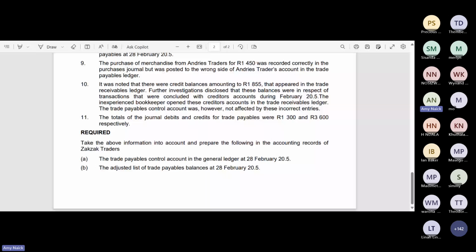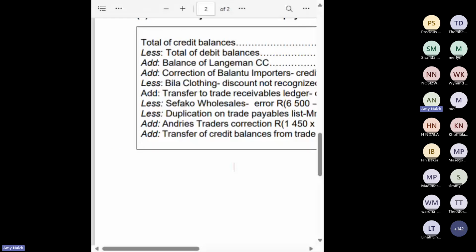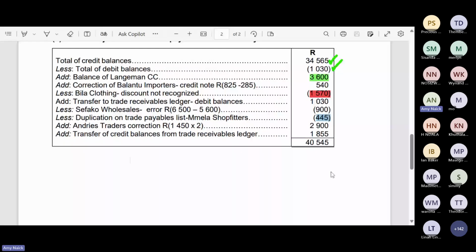So if we go to the actual solution, you'll see that coming through. Let me just swap screens. So here's the 2,900. It's basically the 1,450 multiplied by 2. When you are recording the initial purchase, you would have credited the creditor.